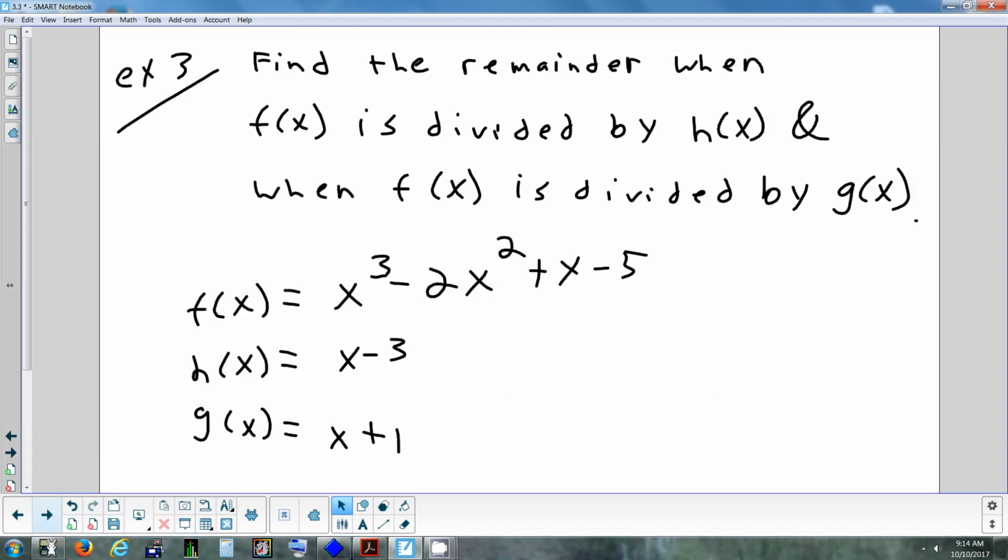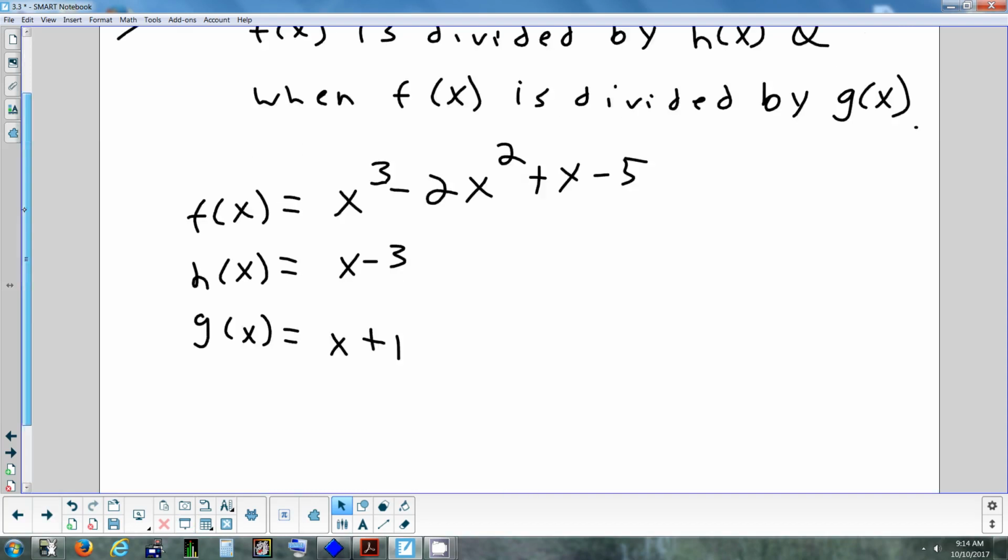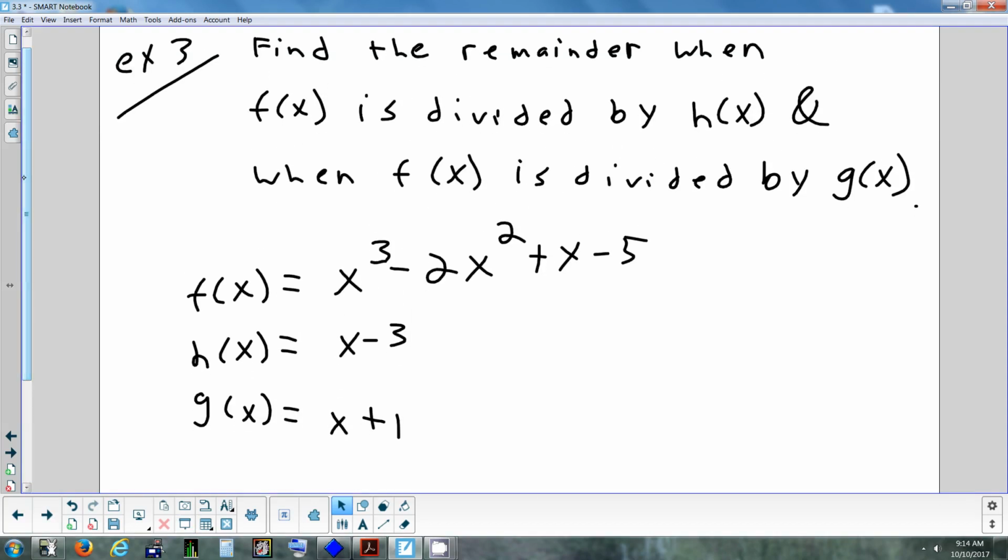Okay, so let's find the remainder. We're going to do a couple of problems. Let's start when we divide f of x by h of x. Looking at h of x, what's the number after the minus sign? 3. So what do we do with the number 3 to find my remainder?